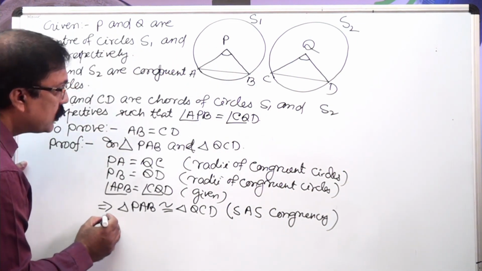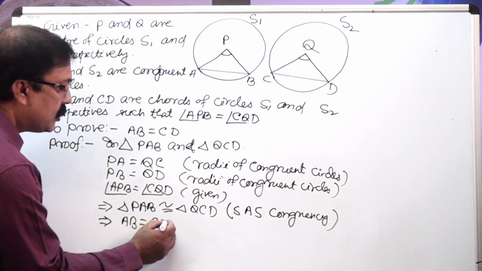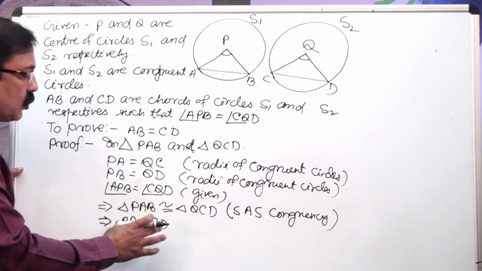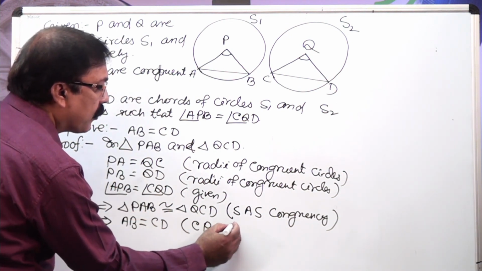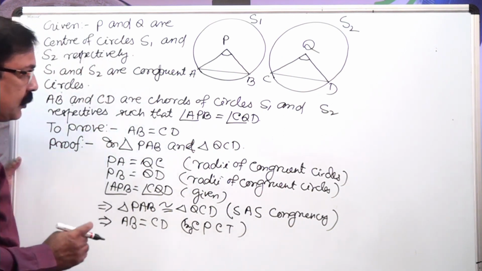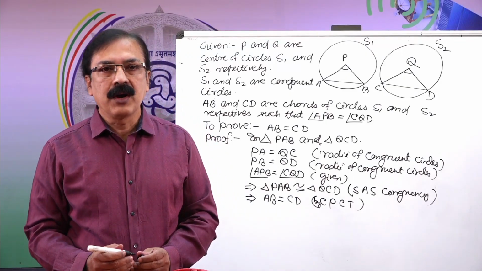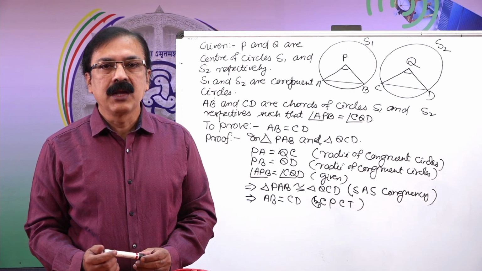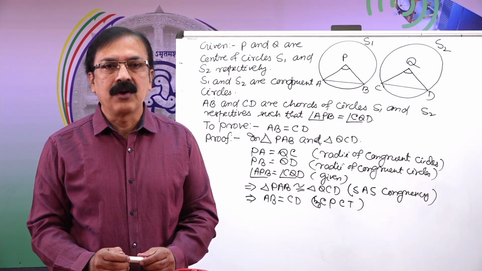So this shows that AB is equal to CD because these two are corresponding parts of congruent triangles. So thus we proved that if chords of congruent circles subtend equal angles at their centers, then the chords are equal.